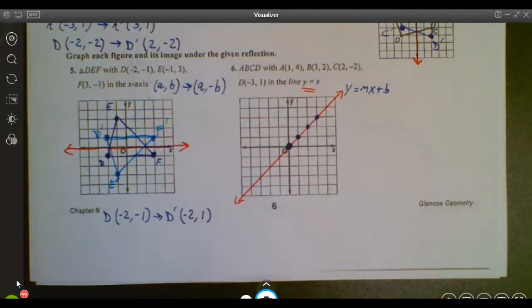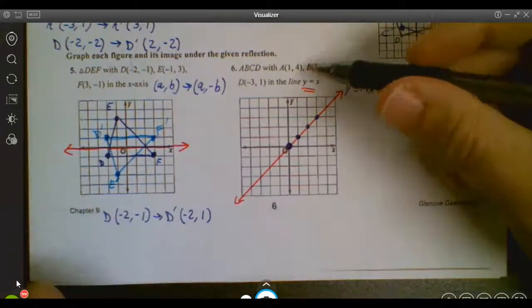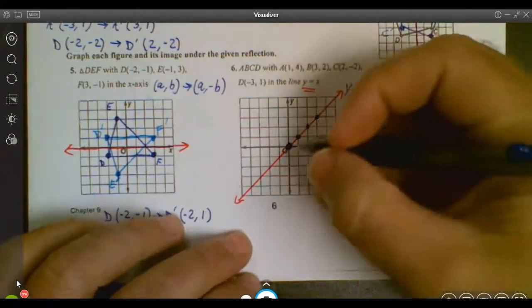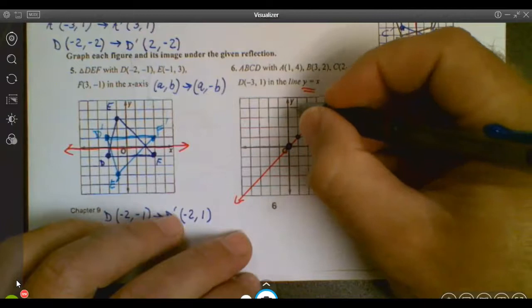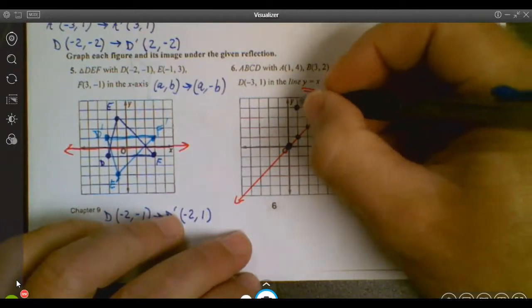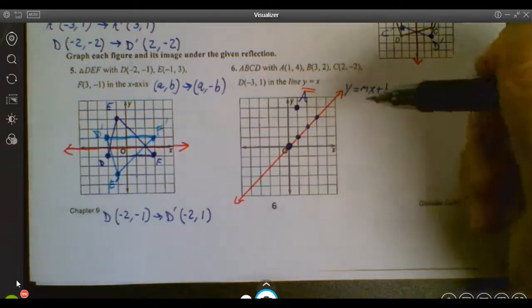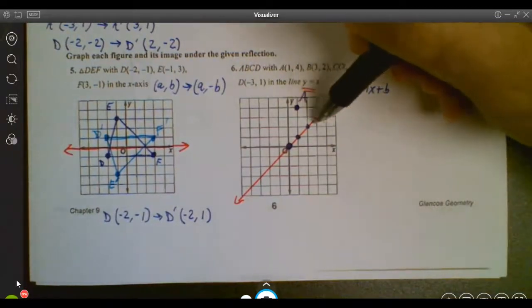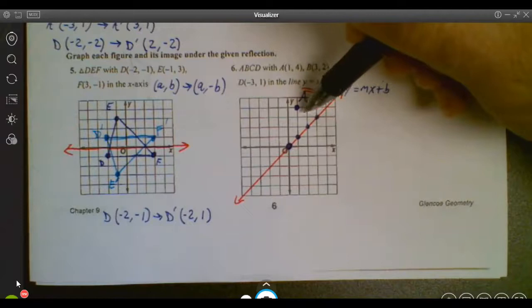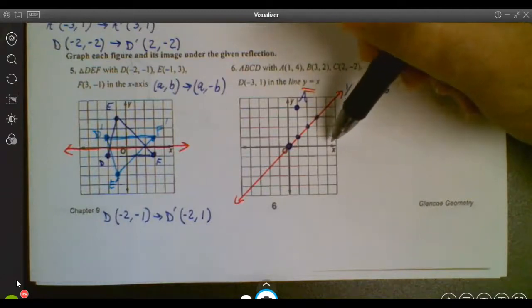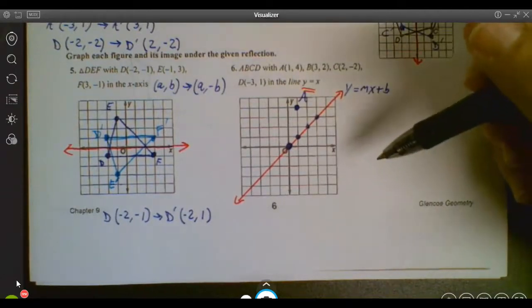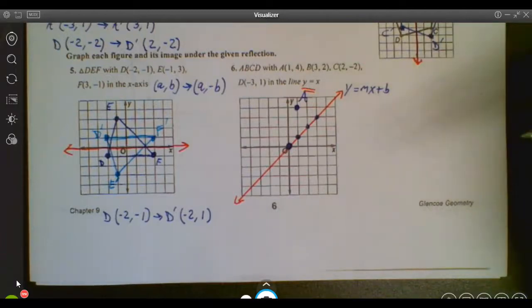So let's look at the original points. So point A was (1, 4). So where would A prime go? And this is where it can be a little tricky, because now you would have to try to count diagonally. And that's where people can often make mistakes and have a really hard time doing this visually.